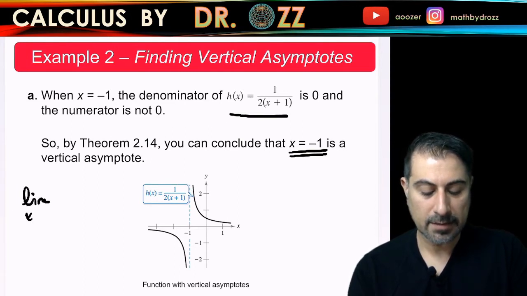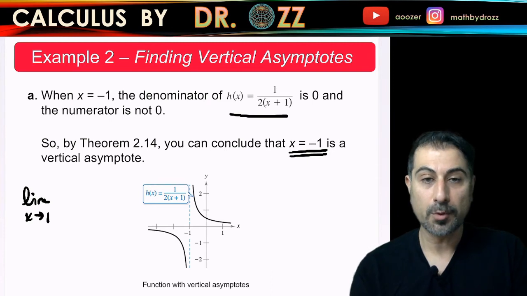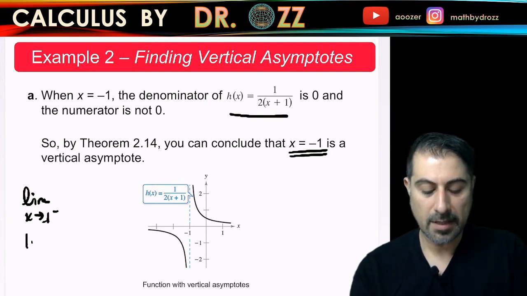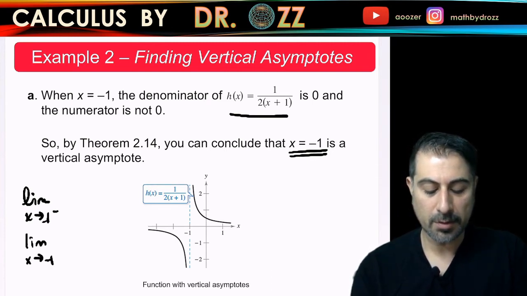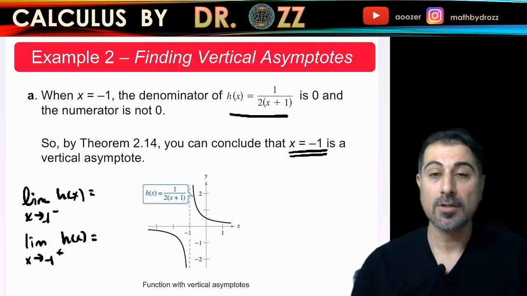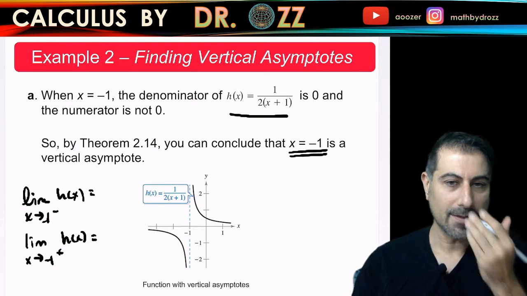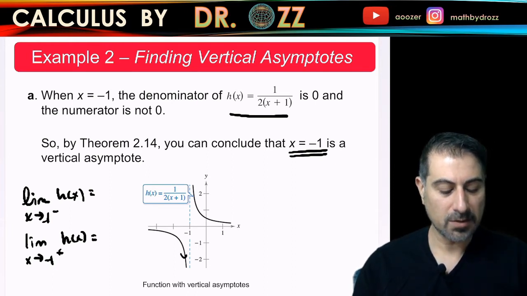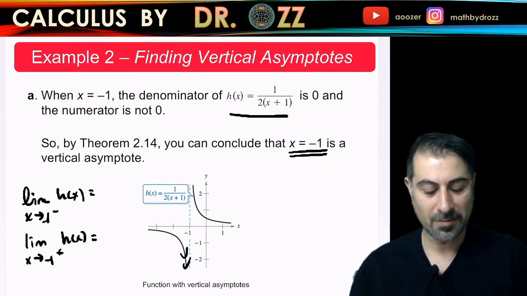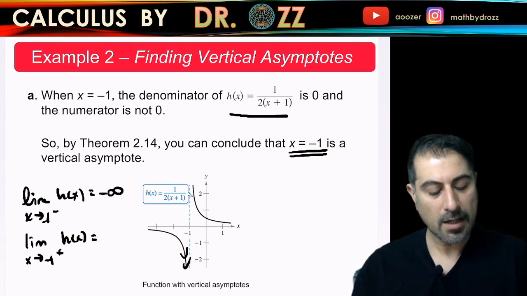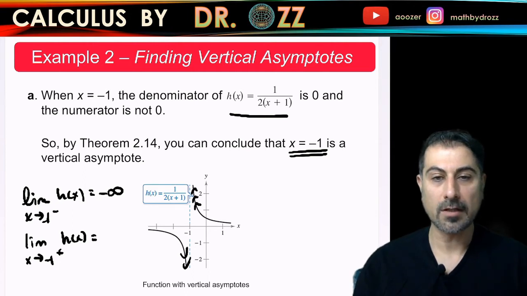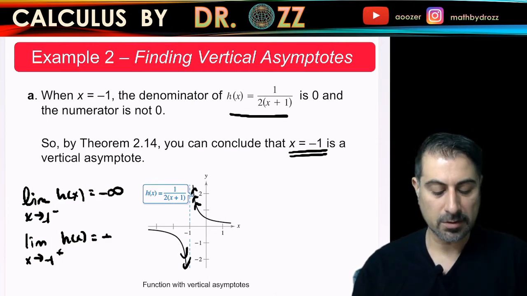One is where you're approaching that problem point from the left, and the other is where you're approaching the problem point from the right, for the same function, to see exactly what these approach, because we have to quantify it as plus or minus infinity. So for example, on the left of negative 1, we see that the function values tend to negative infinity, so I'm going to put negative infinity here. And on the right of negative 1, the function values get arbitrarily large, and for that reason this limit is plus infinity.